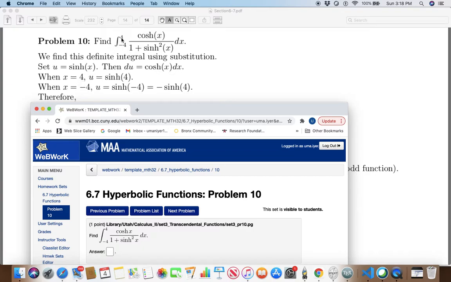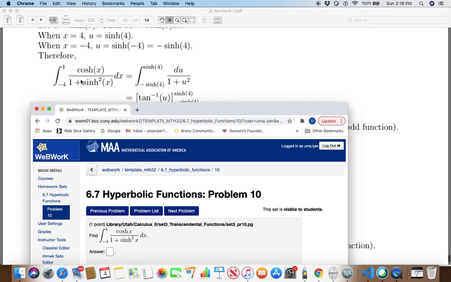When x is 4, u is sinh 4. When x is negative 4, u is sinh of negative 4, which is negative sinh 4, because as we saw earlier in our lectures, sinh is an odd function, so the negative comes out.